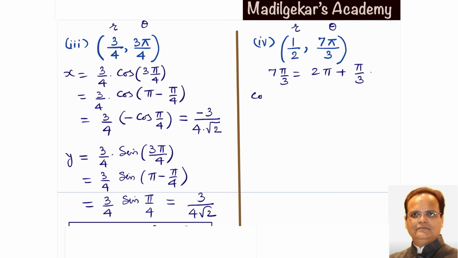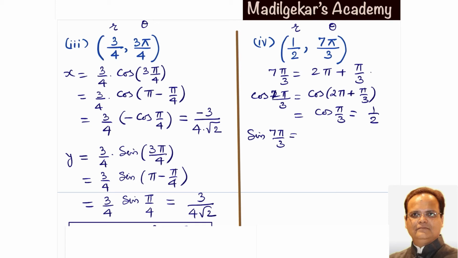So cos of 7 pi by 3 will be cos of 2 pi plus pi by 3, means cos pi by 3, which is 1 by 2. Sin 7 pi by 3 will be sine of 2 pi plus pi by 3. Sin 2 pi plus theta is sin theta, means this is root 3 by 2.